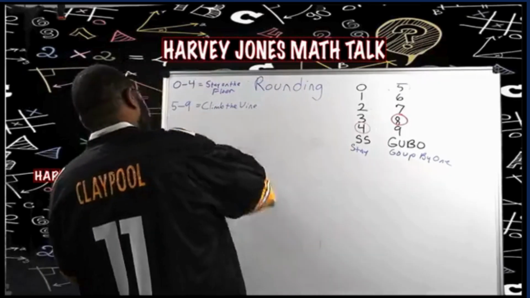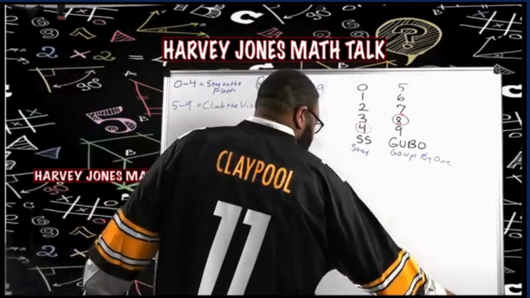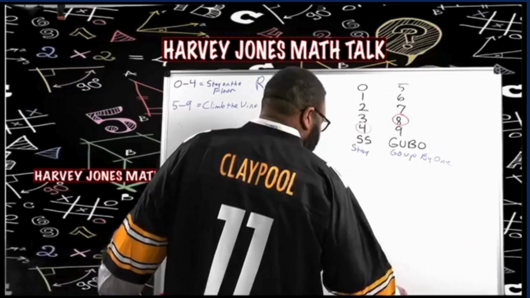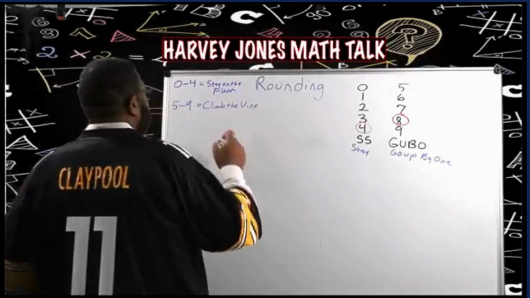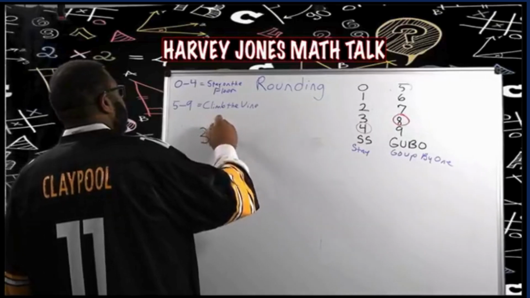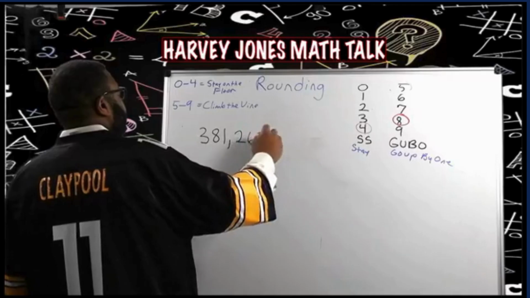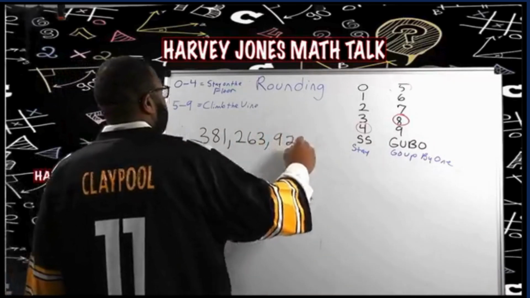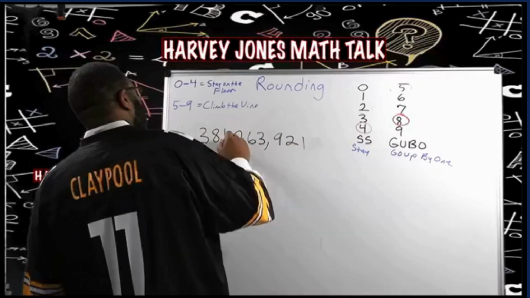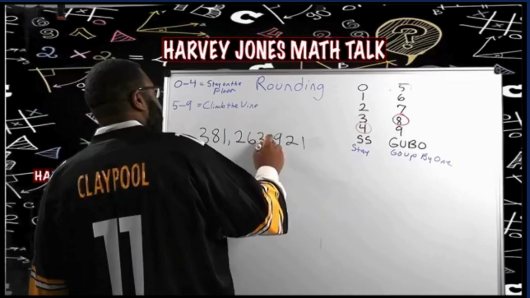Are you ready to go there with me? I think I'm ready. I'm going to shock some of you, but if you can do that, then guess what? Let's go here. Yeah, I went to the millions on you.